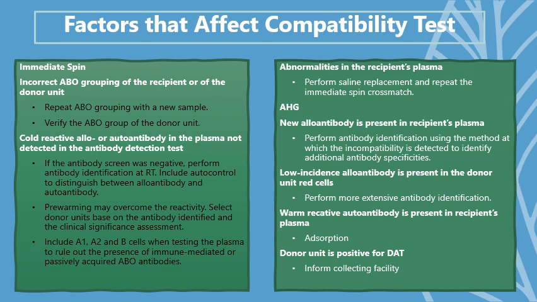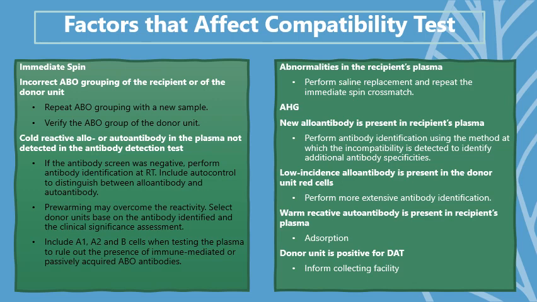Next is abnormalities in the recipient's plasma. Rouleaux mimics agglutination and may be present in diseases such as multiple myeloma. So, rouleaux formation is detectable only when plasma is present.